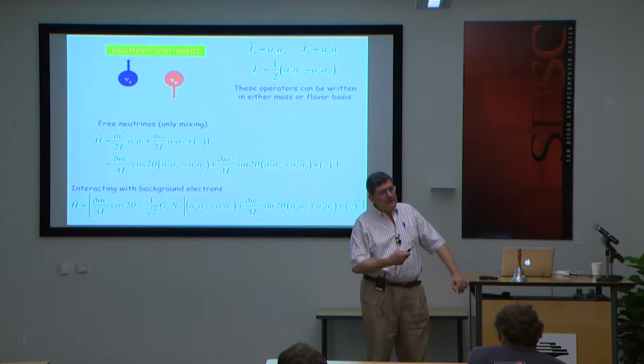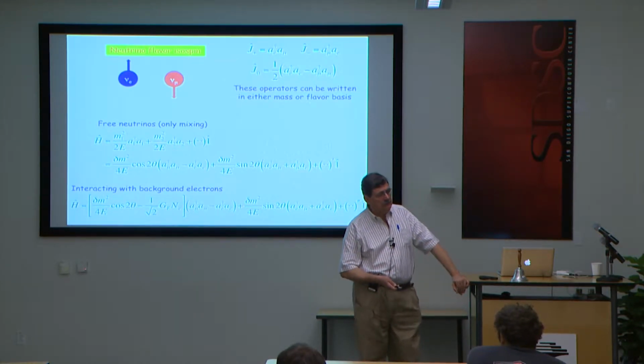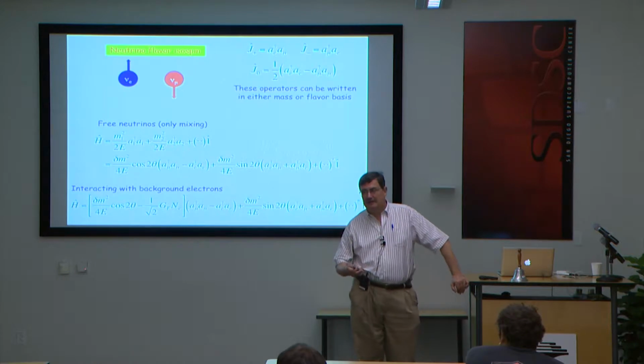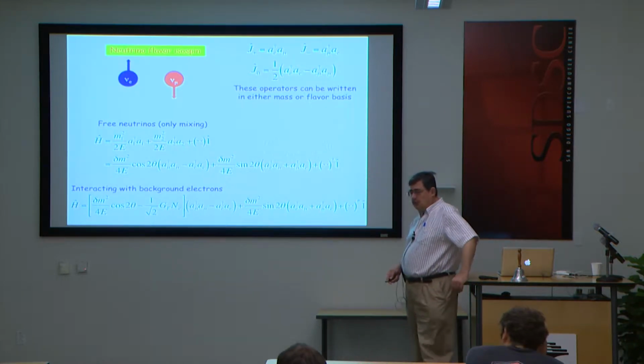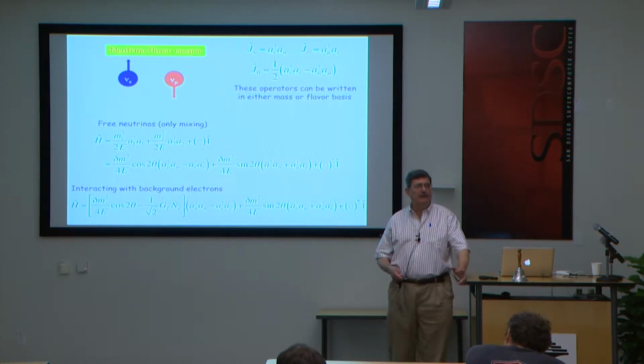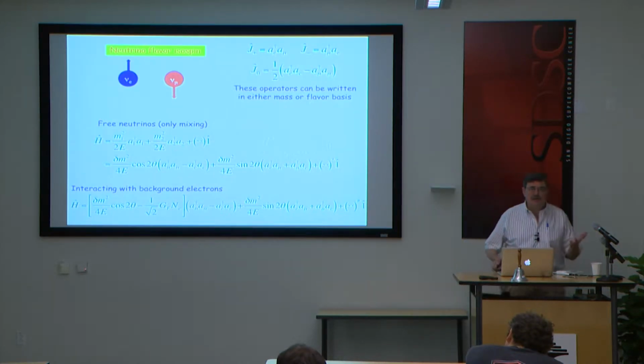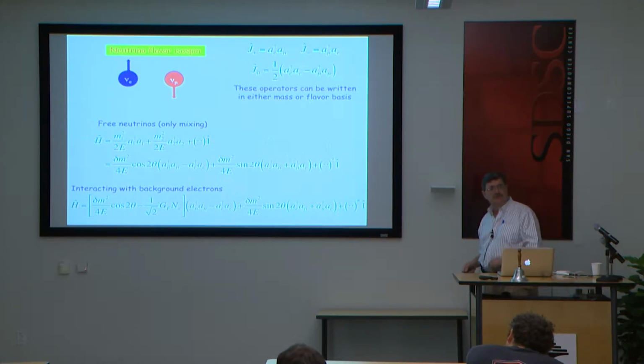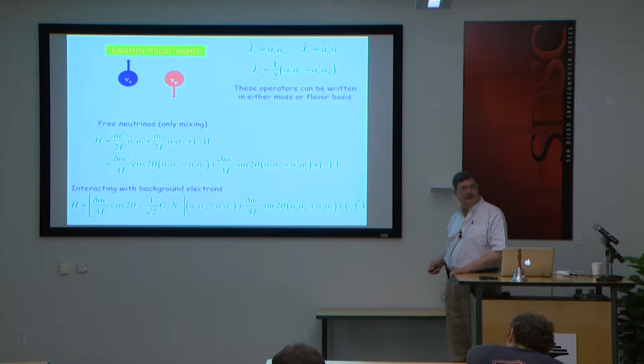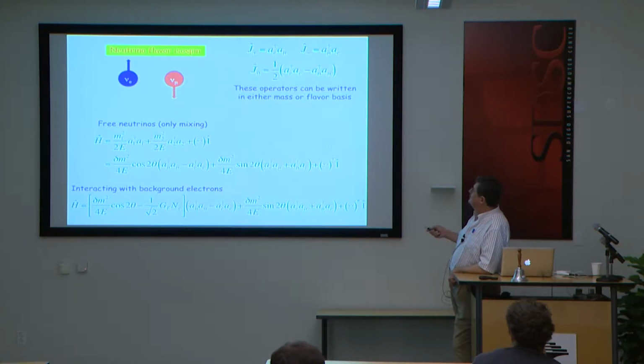Now, there are a lot of neutrinos in a core collapse supernova. It's a many-body situation, so it's good to use the language of many-body physics. So I will use creation annihilation operators, and Vincenzo also used them yesterday in his lecture.